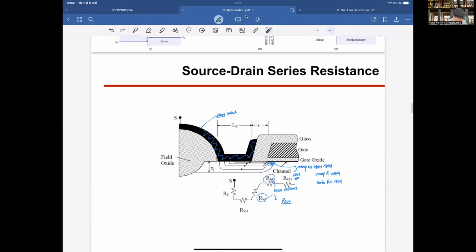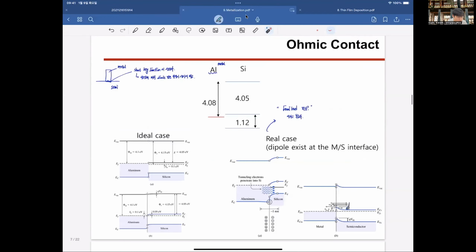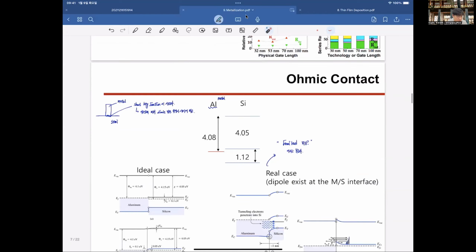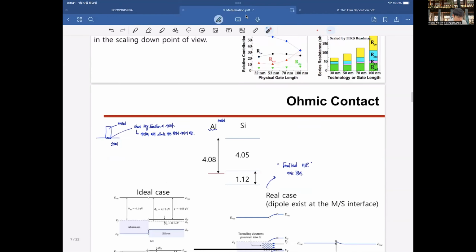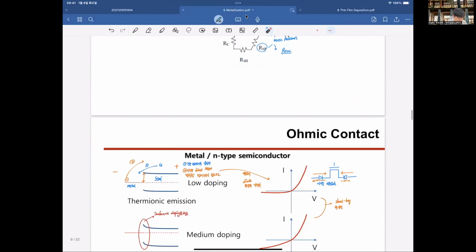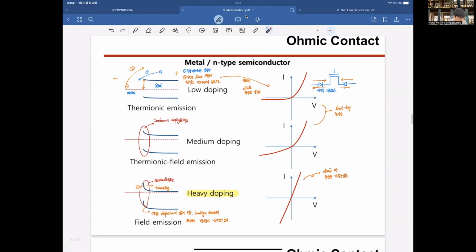So to solve this contact resistance, we use the ohmic contact. What is the ohmic contact?